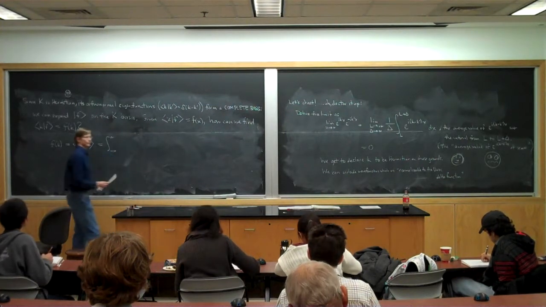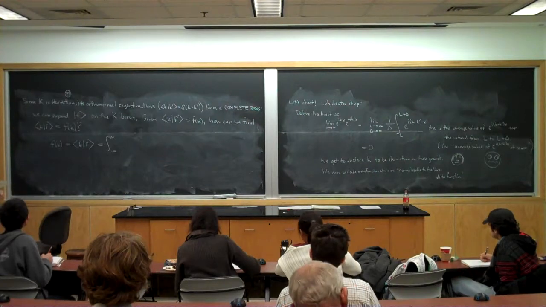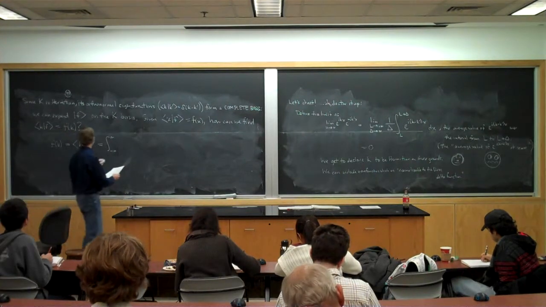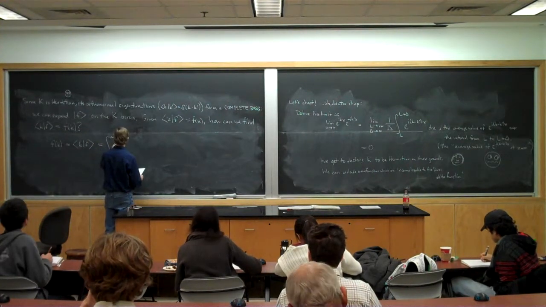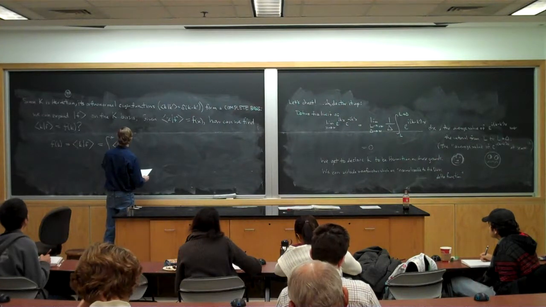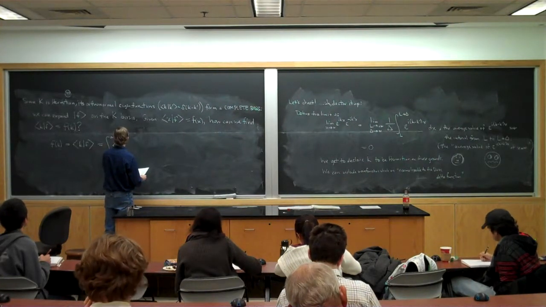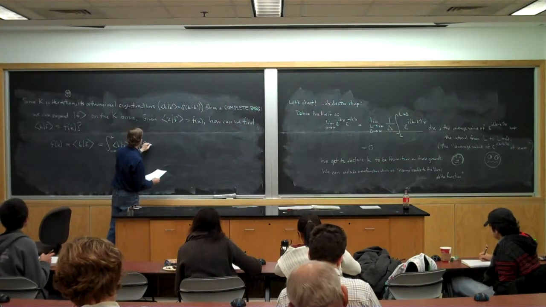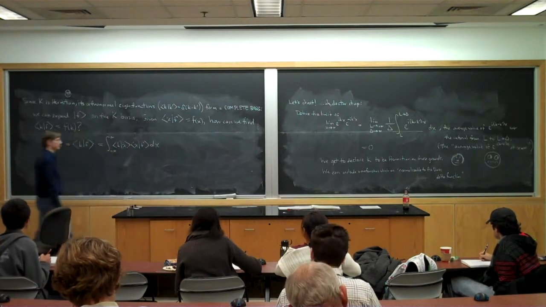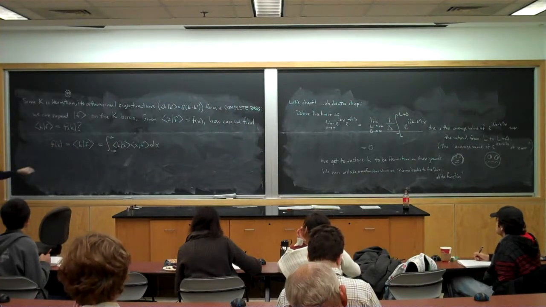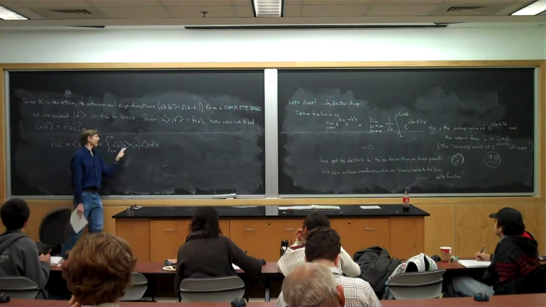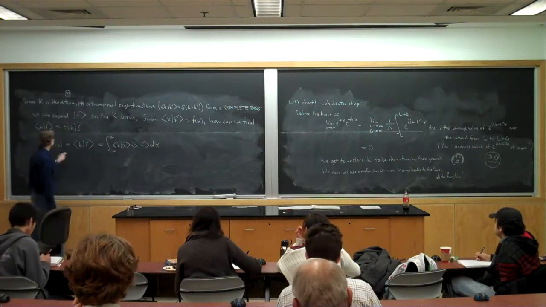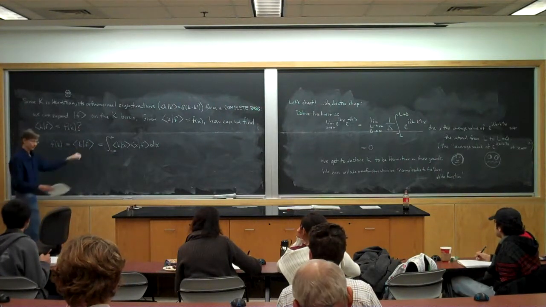I'm going to insert the identity in terms of an integral over outer products of x. So I put in the identity in the form of an integral over outer products of x in between k and f.